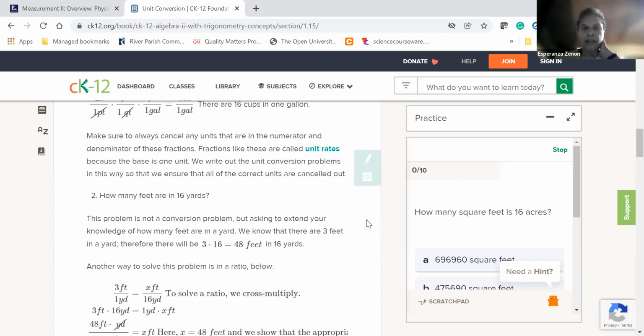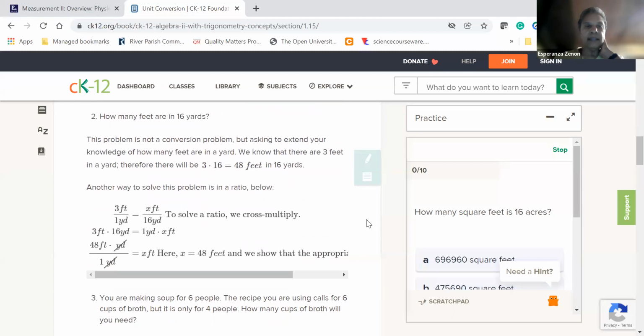So let's look at another example. It says, how many feet are in 16 yards? So you have 16 yards and you want to convert that to feet. Look at another way they're approaching this, and some of you might approach unit conversions this way. They're doing a ratio.